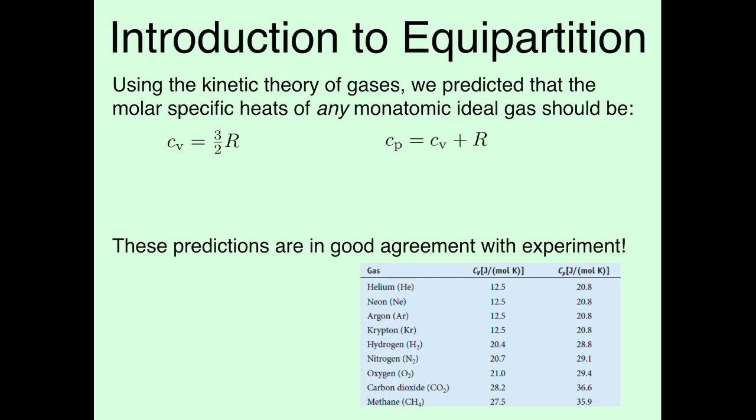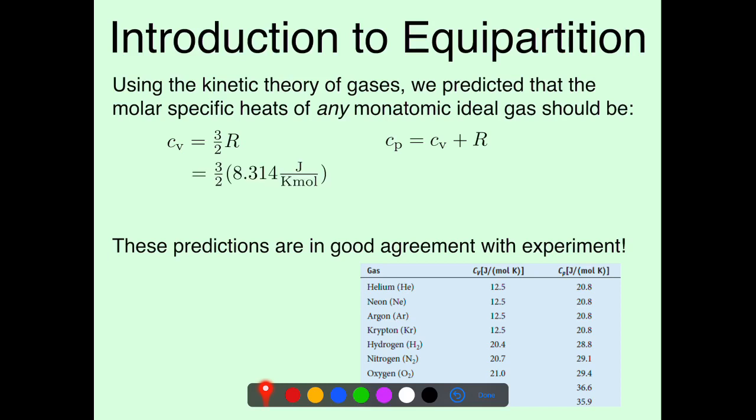We talked about molar specific heats, and in particular for monatomic gases, that means gases that consist of single atoms. The molar specific heat for a constant volume process, that's CV, we found that that was equal to 3/2 times R. We also found that CP, that's the molar specific heat for a constant pressure process, is CV plus R. Okay, so R is just the ideal gas constant, so we can plug that straight into these formulas.